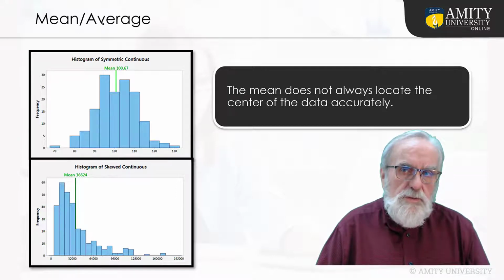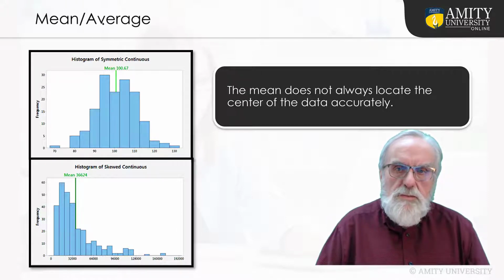If we observe the histograms on the left, where I display the mean in two distributions, in a symmetric distribution, the mean locates the center accurately. However, in a skewed distribution, the mean can miss the mark. In the histogram on the bottom left, it starts to fall outside of the central area.